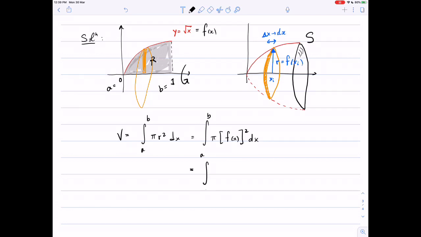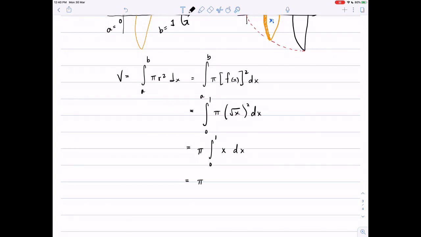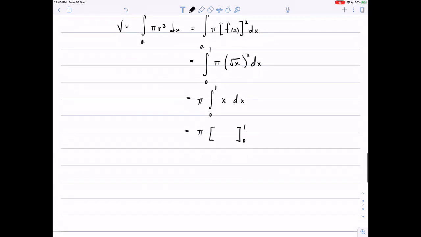So this becomes the integral from 0 to 1 of pi times the root of x squared dx, which is now really easy to evaluate. I'll pull out the pi, so pi times the integral from 0 to 1. If I square the square root function, I get x dx, and FTC part 2 tells me I can find an antiderivative and evaluate it from 0 to 1.